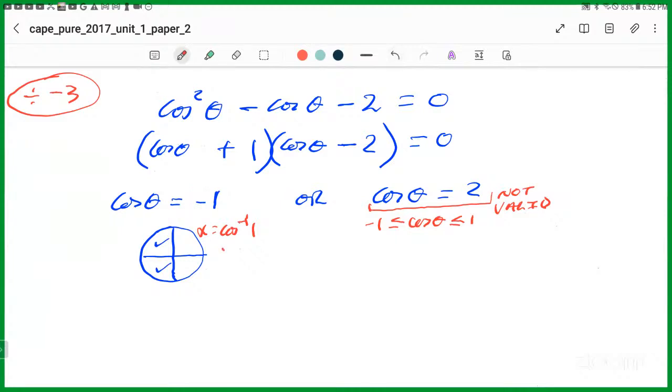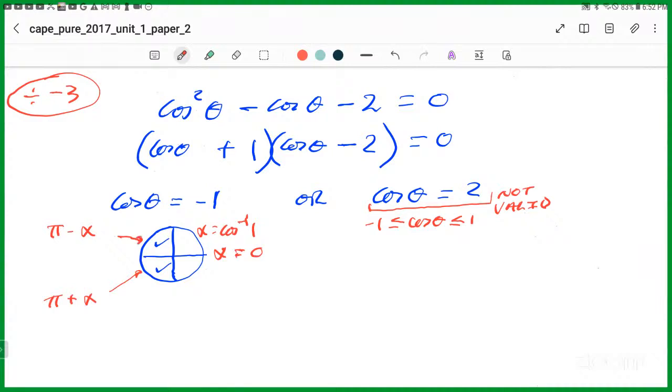That is 0. Cos of 0 is 1. The more things you know, the better. So let's use the calculator. Remember, this quadrant is pi minus alpha, and this quadrant is pi plus alpha. But alpha is 0.